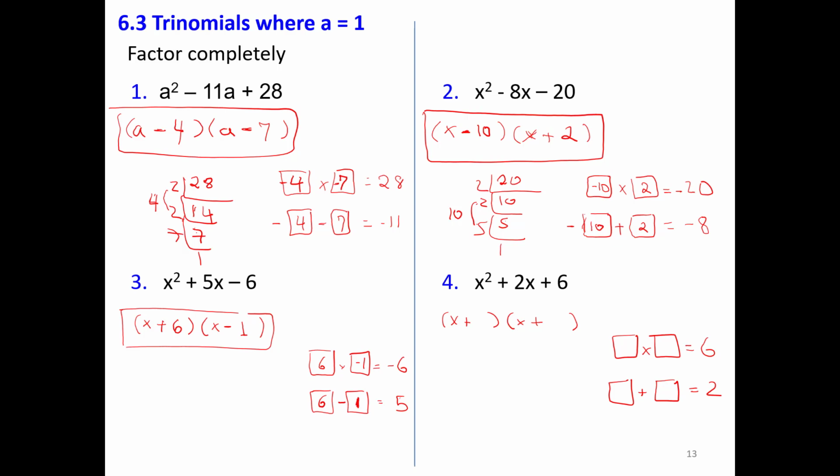When this happens, when you try all the possible factors and you cannot find the numbers, then what is the answer in this case? We will say it is not possible to factor the polynomial. It is not possible to find two numbers that multiply to 6 and add to 2.